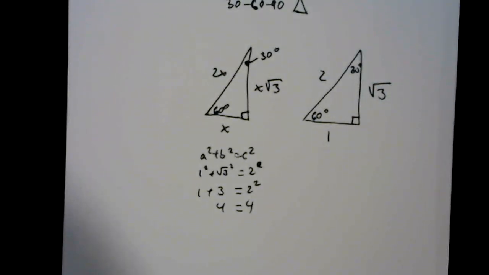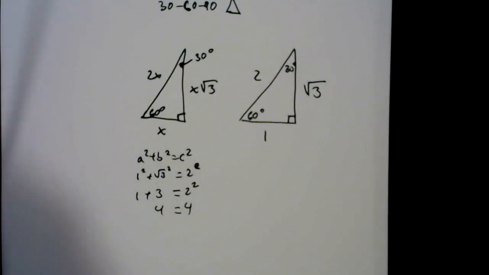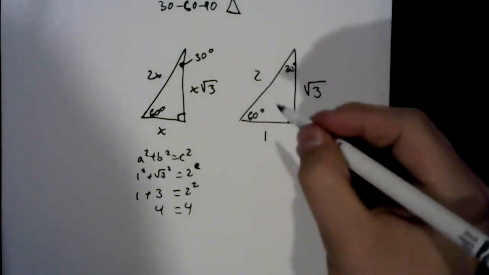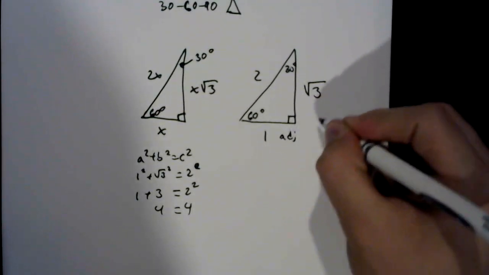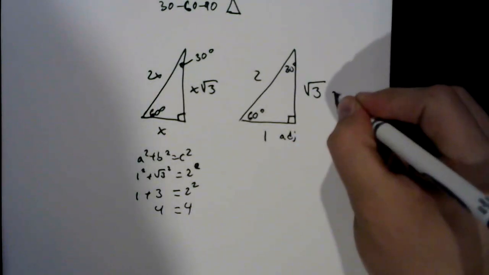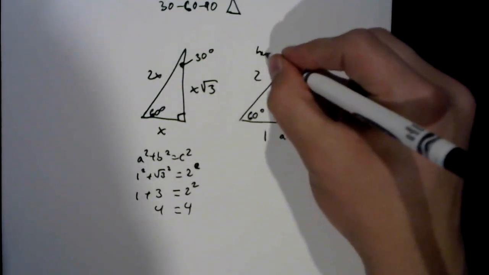Or you could even plug it into your calculator. Say this is your adjacent side, your opposite side of 60. We'll just base it off of 60, and this is your hypotenuse for 60.